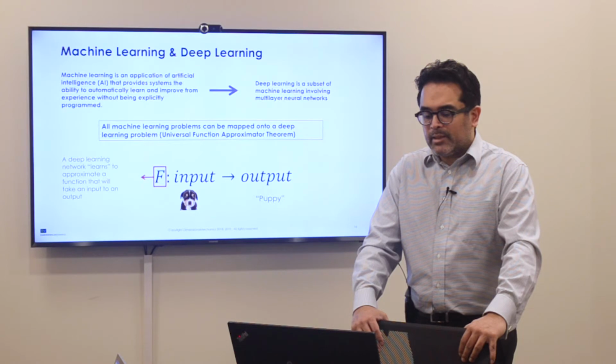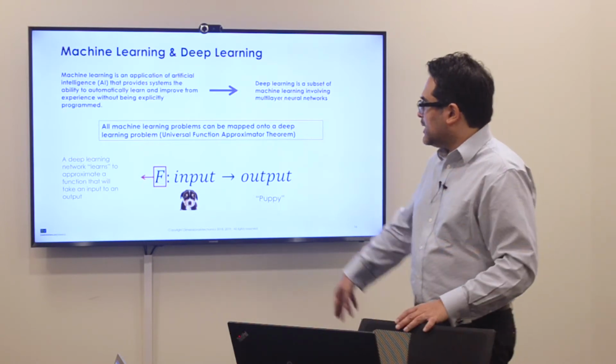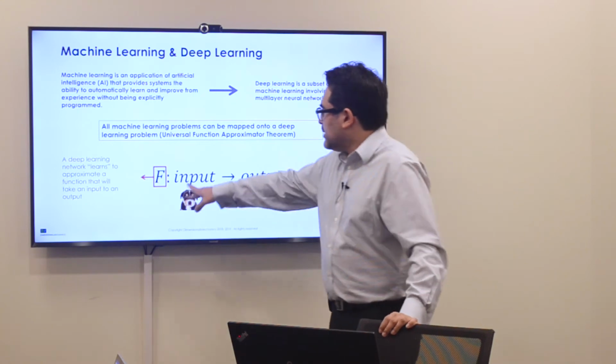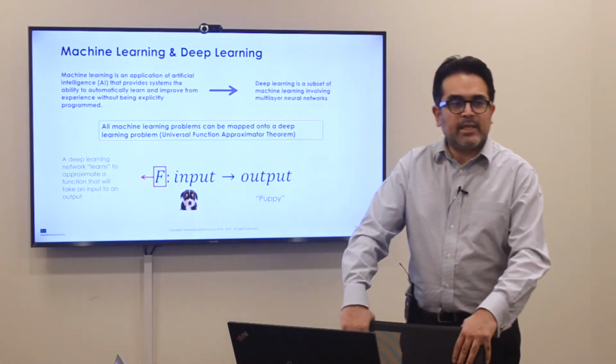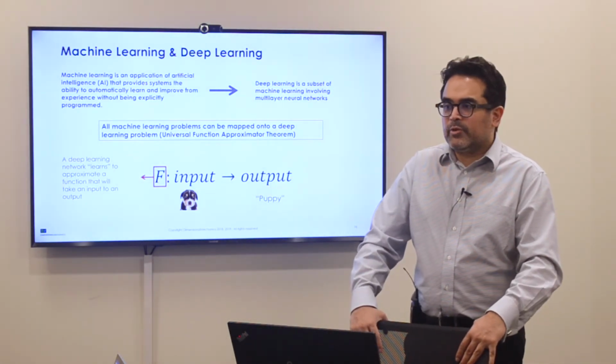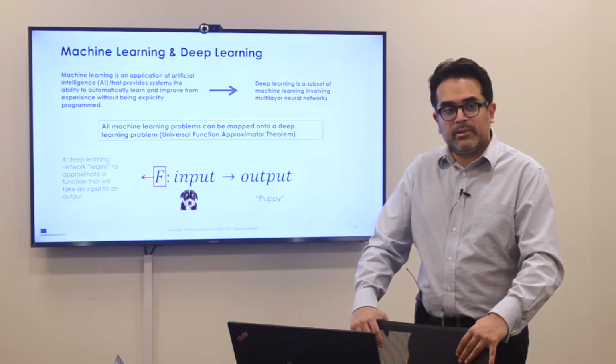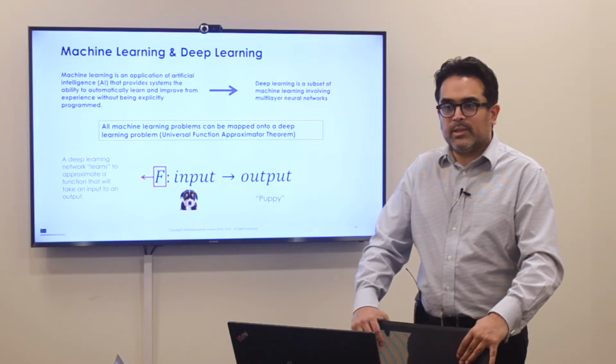So the way to think about it is that if you have an input, for example a picture of a puppy, and the output is the word puppy, the whole point of machine learning is to figure out what that function f is to the closest possible approximation. Anytime you see an input to output statement like that, in effect, you can build a deep learning model that will roughly approximate it.